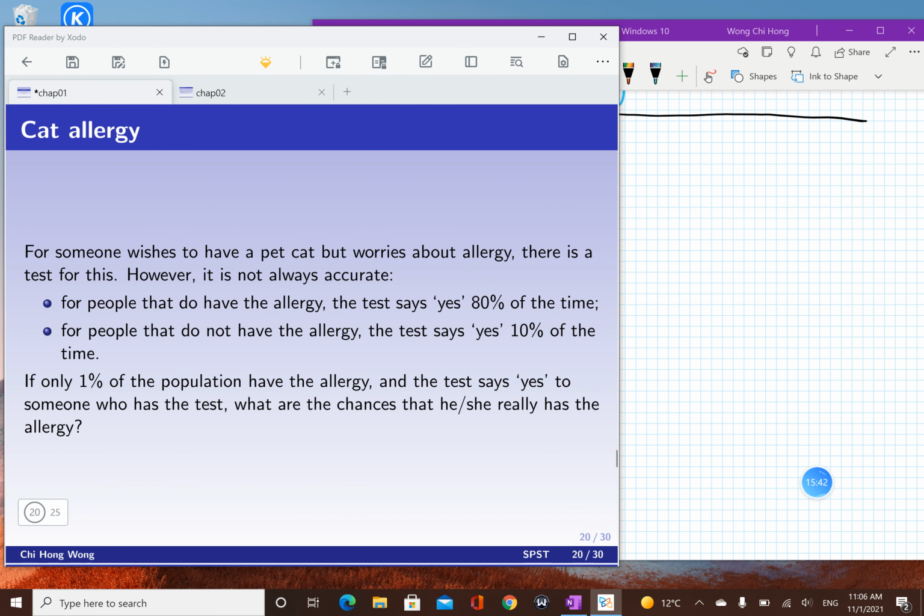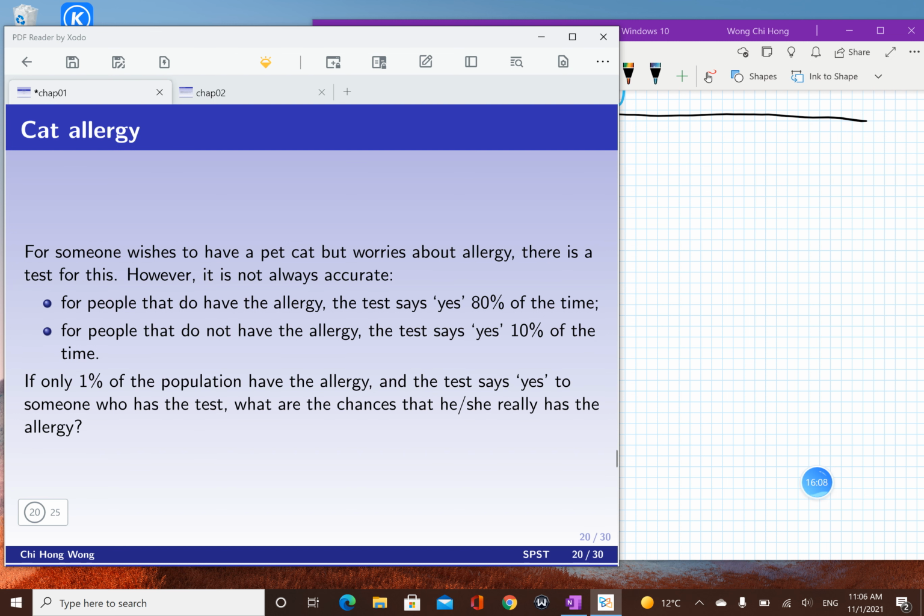Let me give you an example. Suppose someone wishes to have a pet, a cat, but you see that some people are allergic to cats, the fur and all that, cats, dogs, or birds, I don't know. Some people are allergic to that sort of thing.